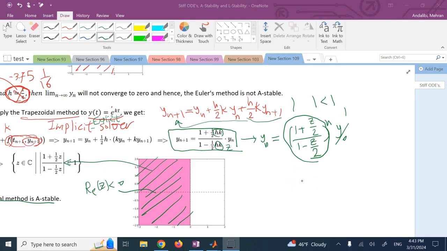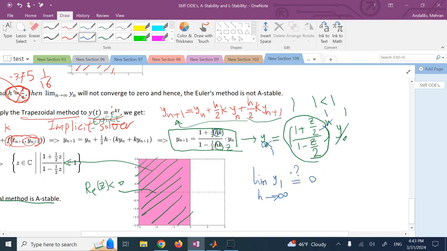Is this method L-stable? In that case, what we need to do is to make sure that this h is going to infinity, but this n is just 1. So we take one step, and we want to know whether the limit of this y_1 as h goes to infinity is going to go to 0 or not.